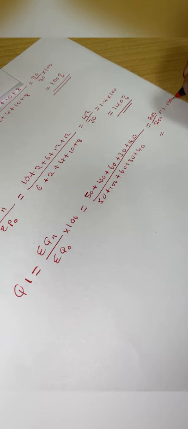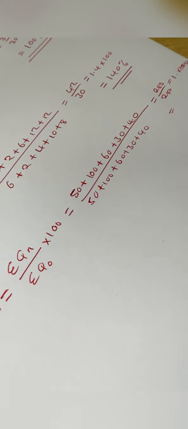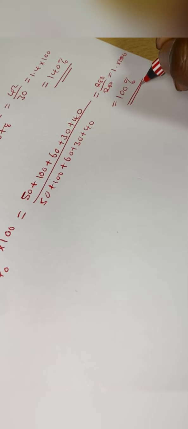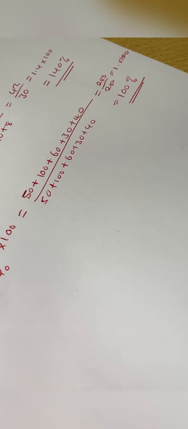When we multiply by 100, it will just give us 100%. So that's about the quantity index. Then for D, they are saying calculate the unweighted quantity index for period 2000. So we are basically just doing the same.